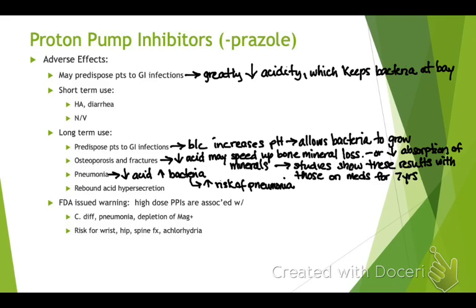The FDA issued warnings that high doses of PPIs are associated with C. diff, pneumonia, and depletion of magnesium. So patients are at risk for wrist, hip, and spine fractures, achlorhydria, all FDA-issued warnings that we do see with the PPIs.